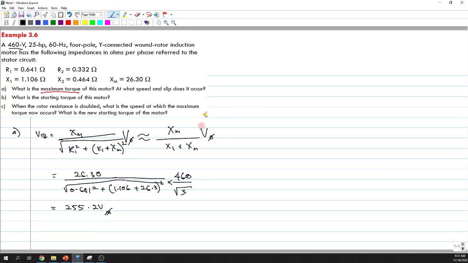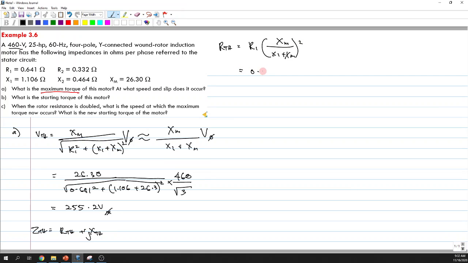We also have the ZTH. ZTH is equal to RTH plus jXTH. From the given equation, RTH is equal to R1 times XM divided by X1 plus XM, squared.